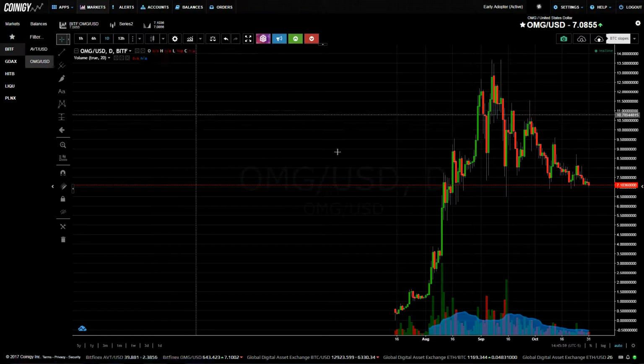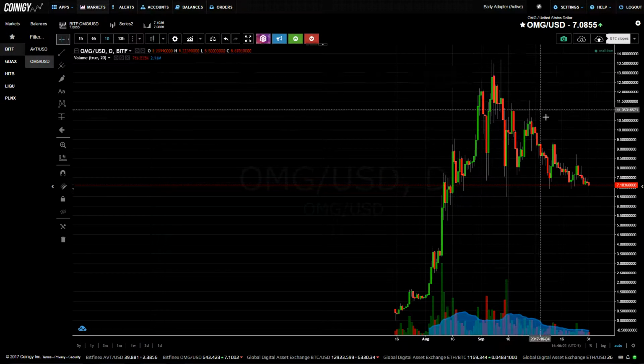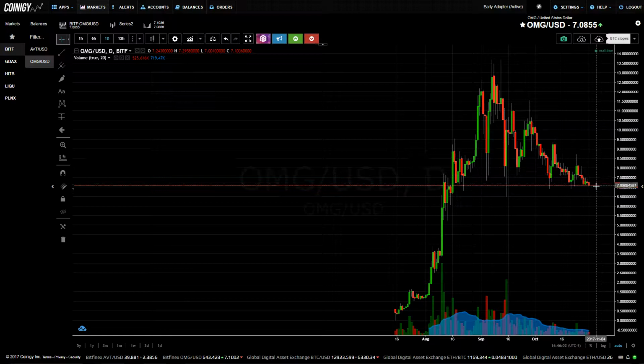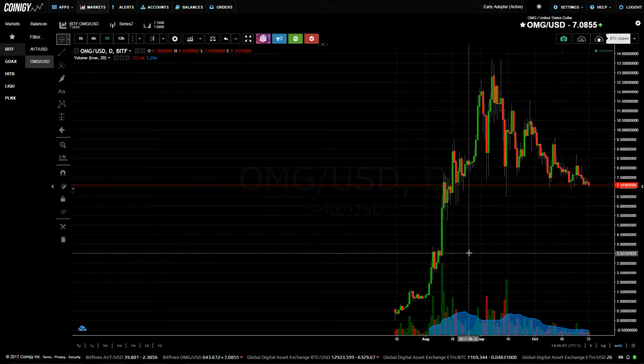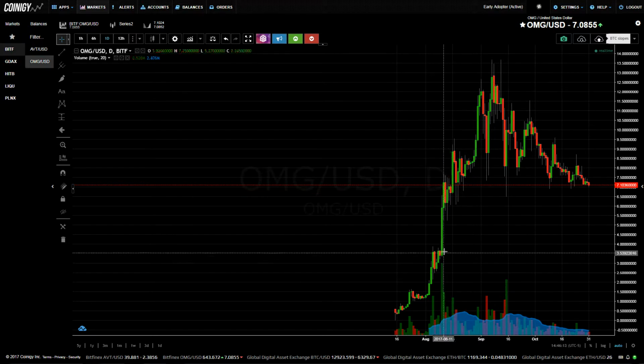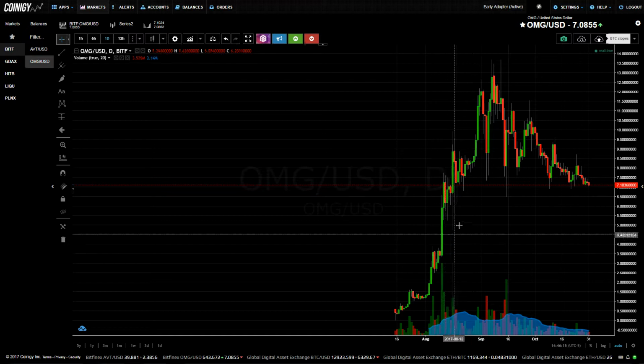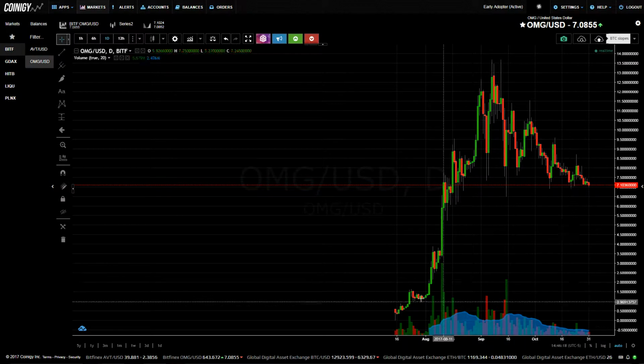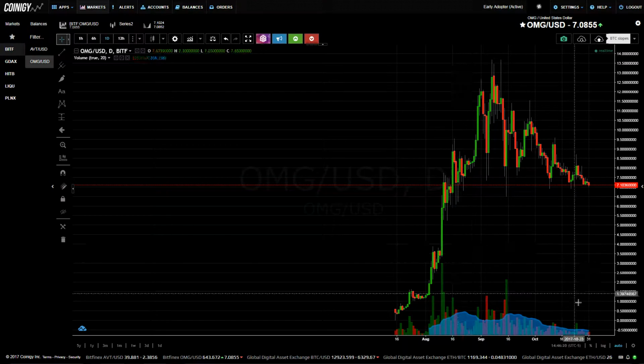OMG, and this downward trend right here is not good. I am not staying in this puppy very long. Right there will be a good time to buy, but it's a short-term purchase. It will come all the way down here, and it will bounce, and then roll over, and come all the way down to here, and then bounce, and then roll over.